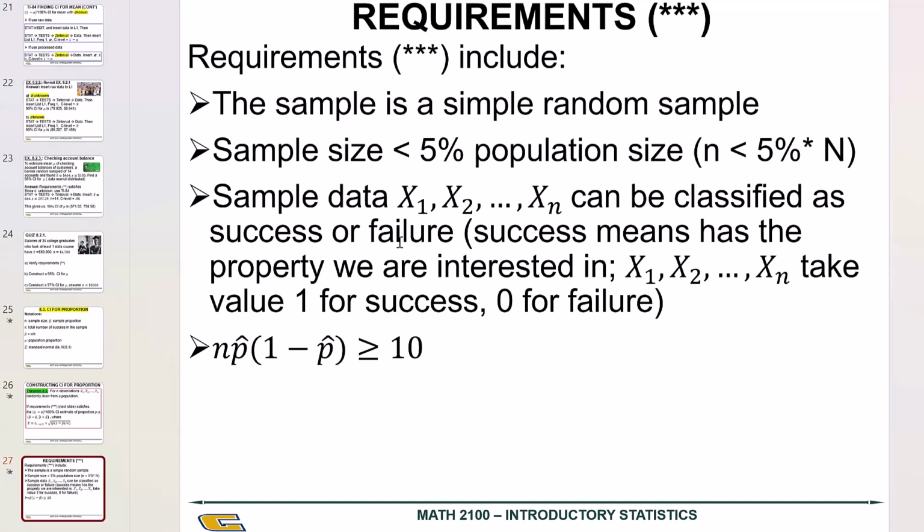Here you have a kind of success or failure, people have that property or not. Another condition to make a good estimation is that n times p hat times (1 minus p hat) is greater than or equal to 10. This condition helps to get a close approximation.